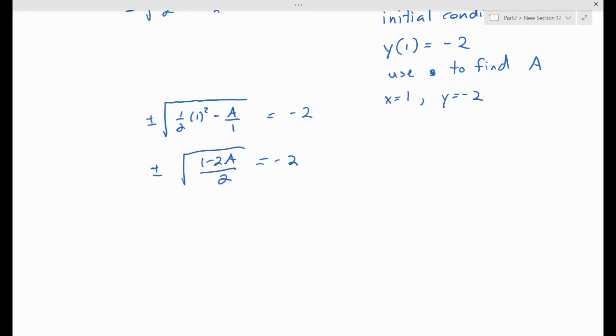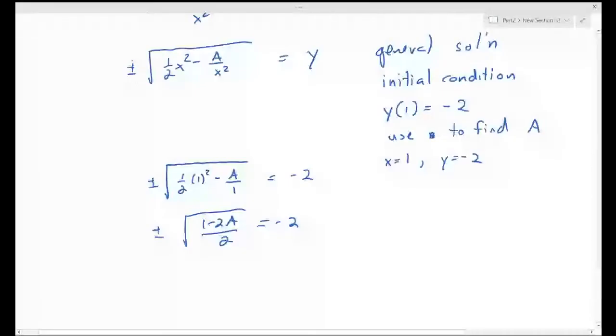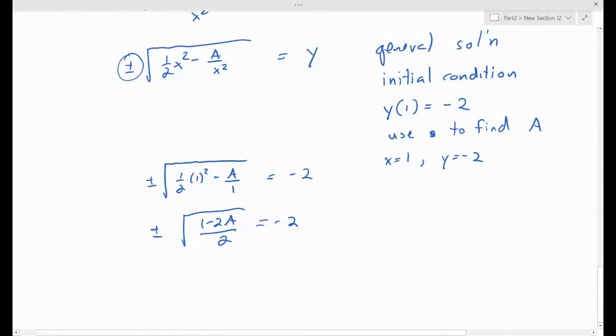And also, once you have an initial condition, you can figure out whether you should be using plus or minus, right? So even though there's a whole family of solutions satisfying the differential equation, once you get an initial condition, you pick a specific function from that family of solutions.